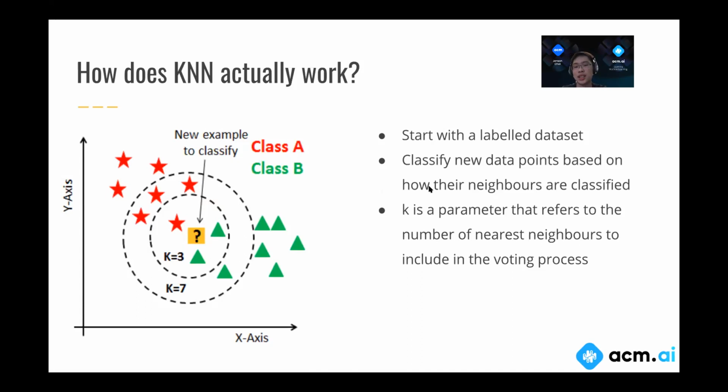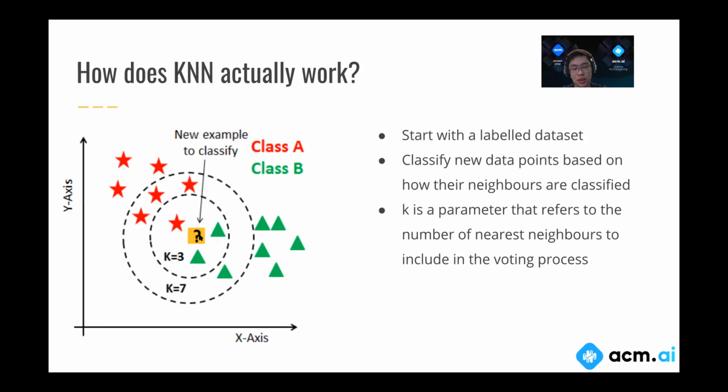k is a parameter that refers to the number of nearest neighbors to include in the voting process. When we're trying to classify this yellow question mark, all its neighbors can cast a vote, and this data point will be classified into the class that has the most votes.